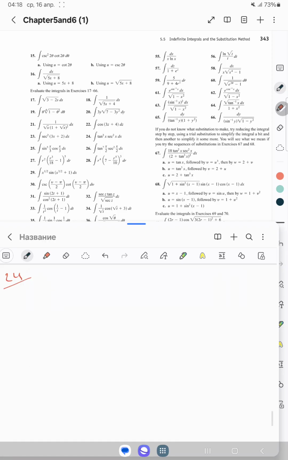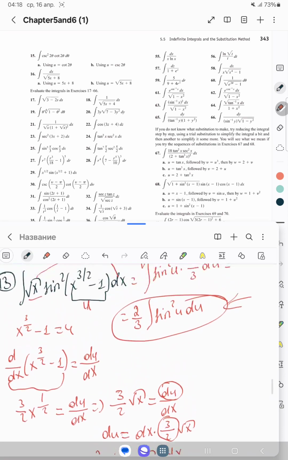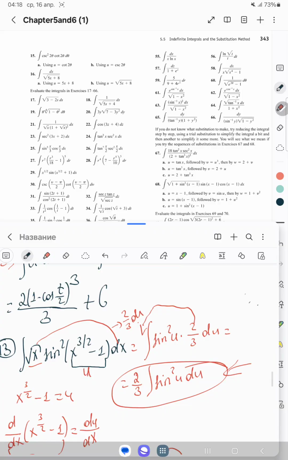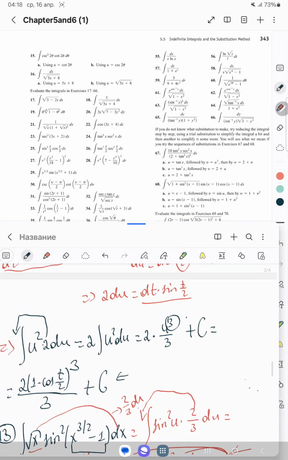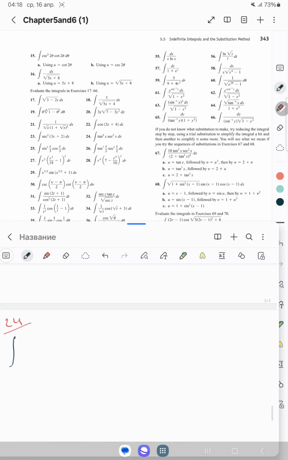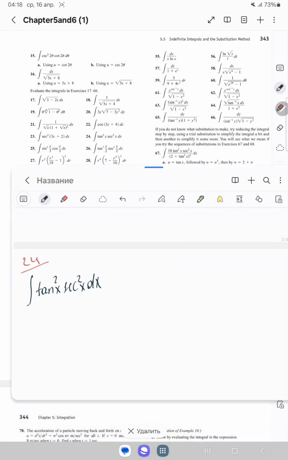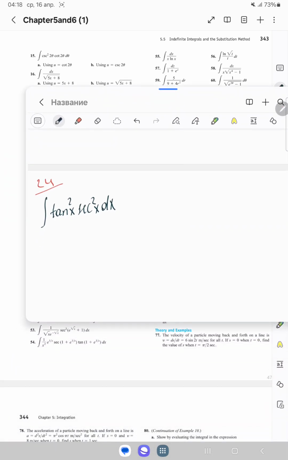It says find the integral of... By the way, did I put plus c here? Yes, here. Yeah, cool. I thought I forgot it. Yes, it looks creepy, but it's not.